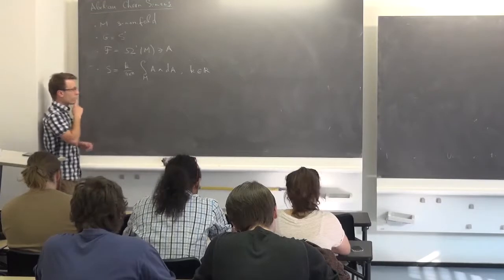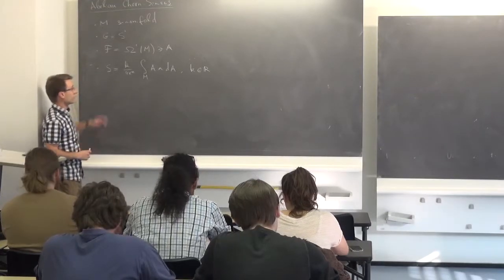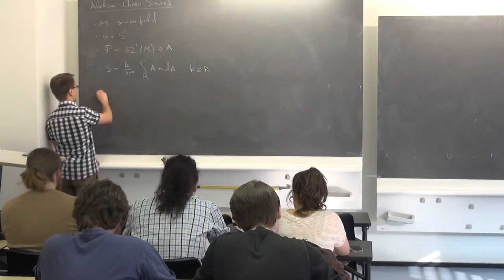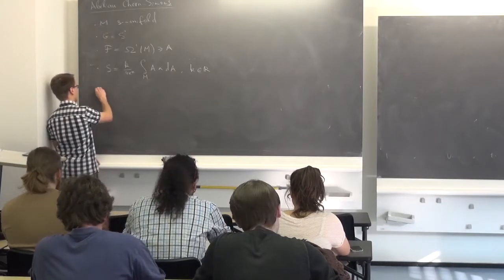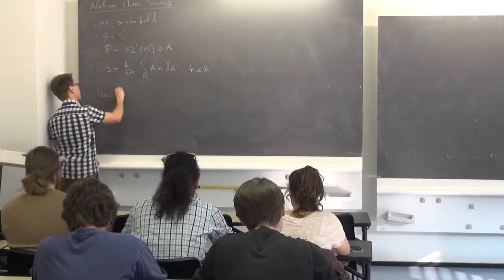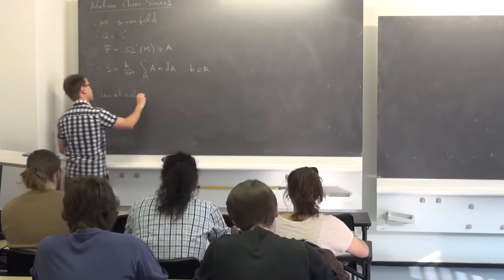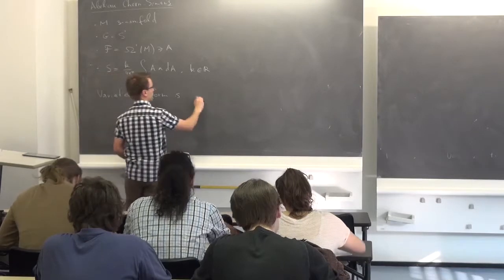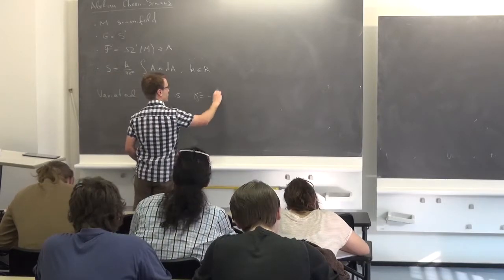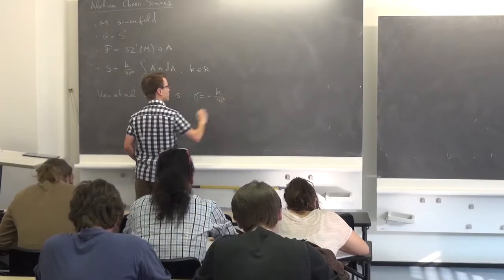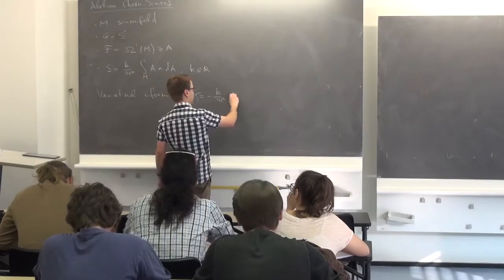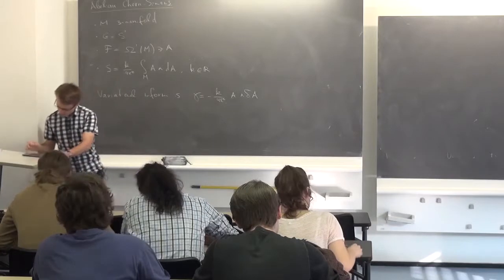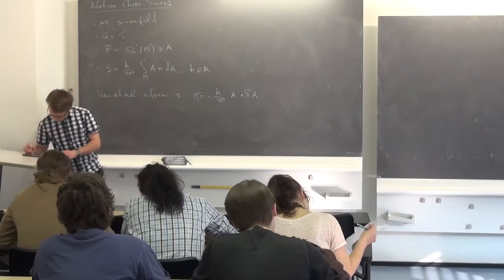Okay, and also last time I derived the Euler-Lagrange equations. So let me remind you that the variational one-form was minus k over 4 pi squared A wedge delta A. Let me just check the sign. Yep.